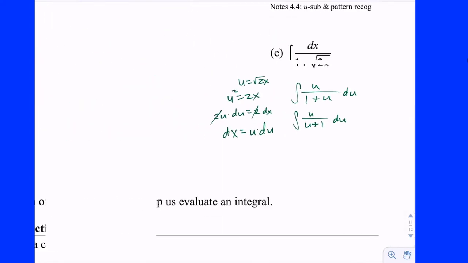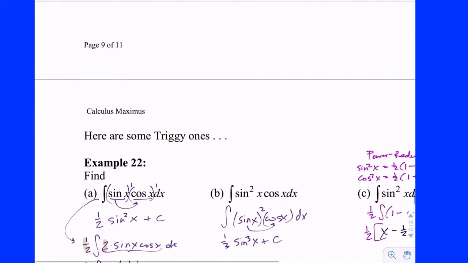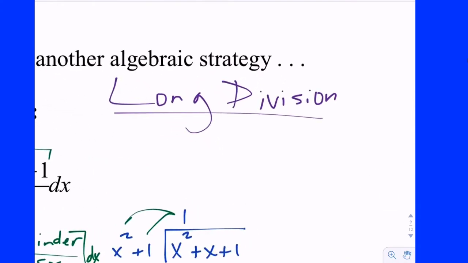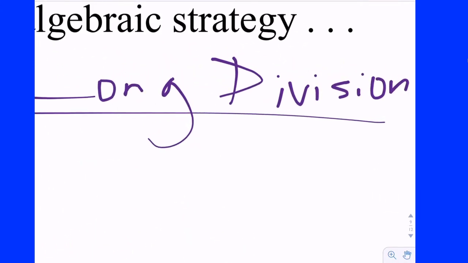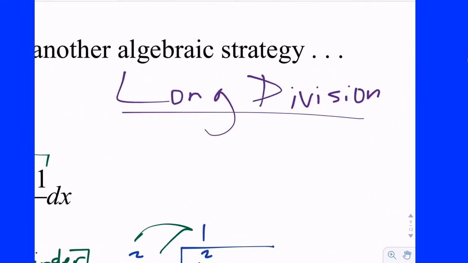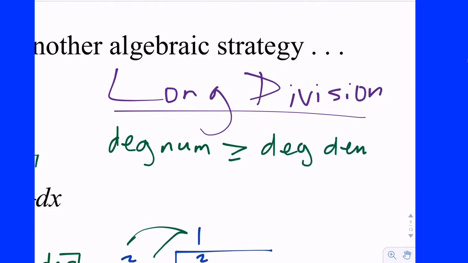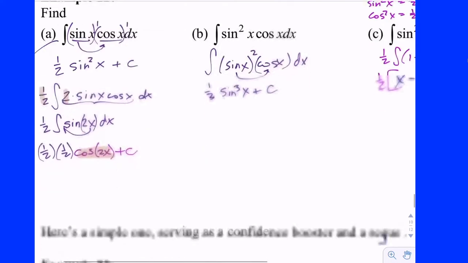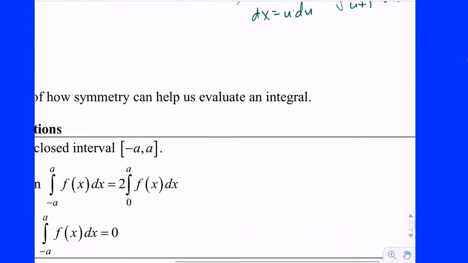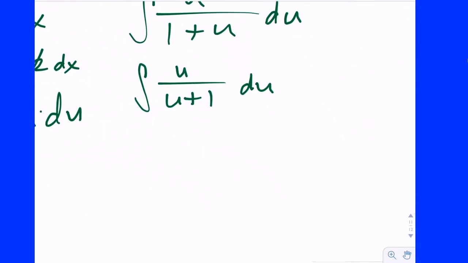Oh, yeah, long division. It works when the degree of the numerator is greater than or equal to the degree of the denominator. So yes, we might have to use one of the methods we've already learned as a second method in a particular problem.